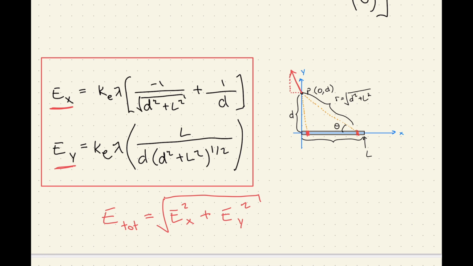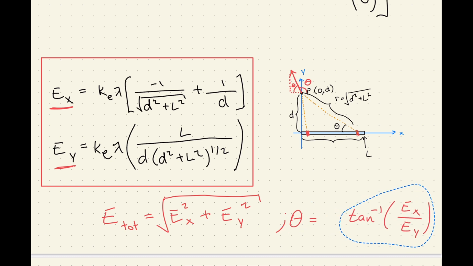And also, if you remember from SOHCAHTOA before, you can actually find the angle of these by doing tan inverse of, and in this case, the angle we're looking for is this angle here. So it would actually be, well, let's first find this angle here. Adjacent over opposite: adjacent is E_x over opposite E_y. And theta here would be this angle.